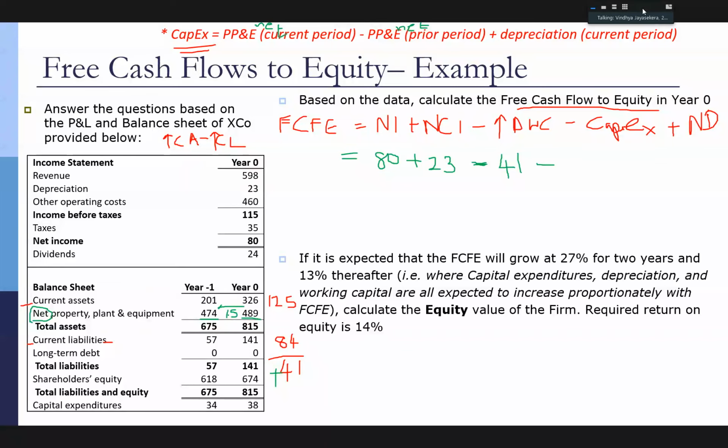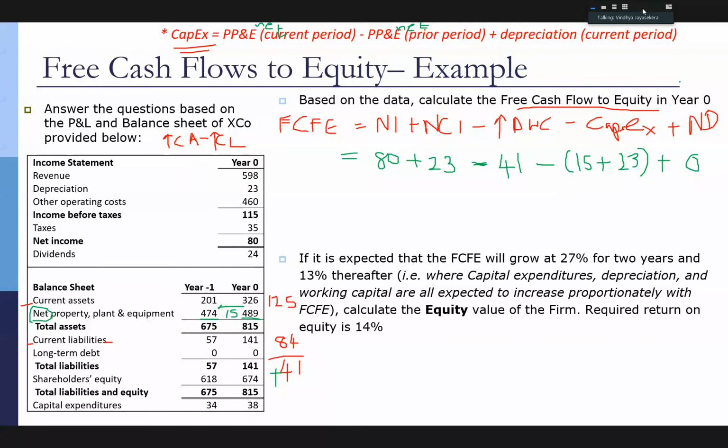So plus 23. Correct. CapEx is 15 plus 23. That's my CapEx. Plus net debt. Do I have debt here? Long-term debt, 0. No debt in this company. So no adjustments need to be made here.